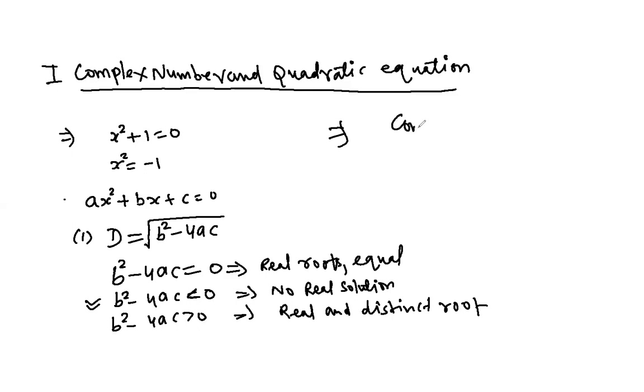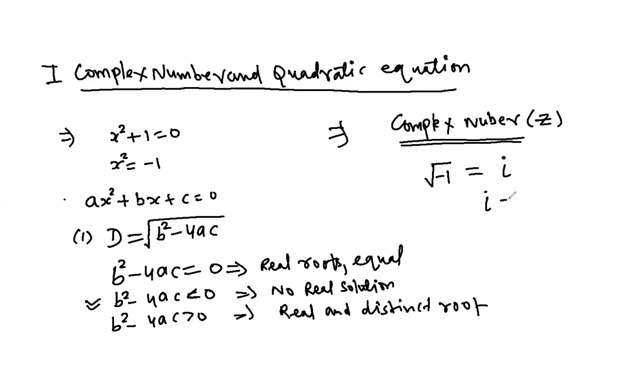So right now I am starting with the complex number. How do we define the complex number? A complex number is denoted simply by z, and we define a symbol iota, which equals the square root of minus 1, and when you square it, this number is simply equal to minus 1.